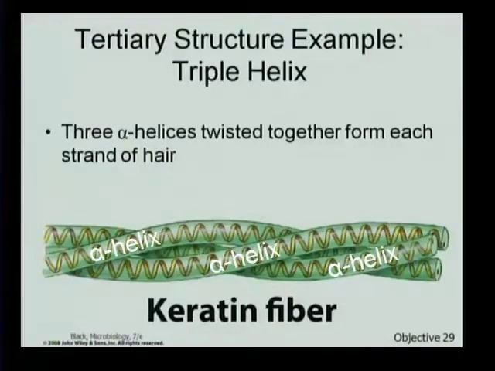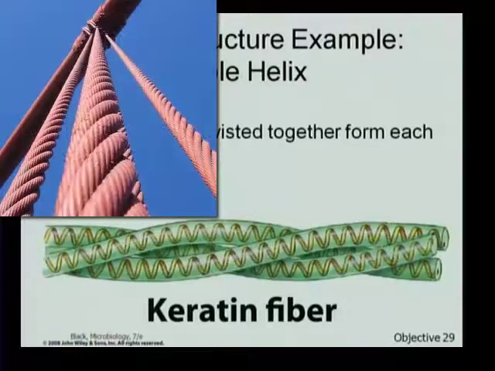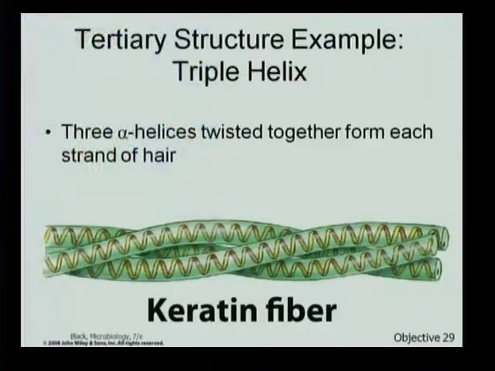And when we take three of these alpha helices together, 1, 2, 3, and twist them into a cable, just like we twist wires in a cable together to make them even stronger than the individual wires, then we can twist these three alpha helices together for increased strength. And that's what we do in a keratin fiber.